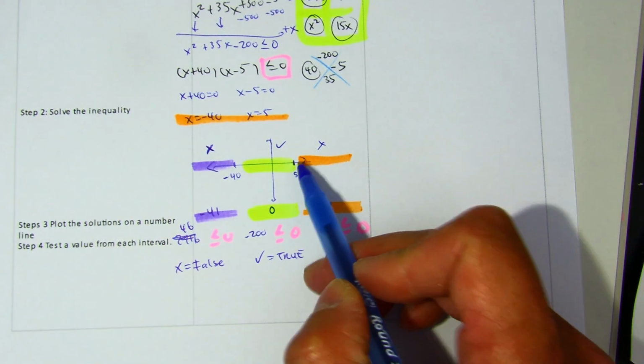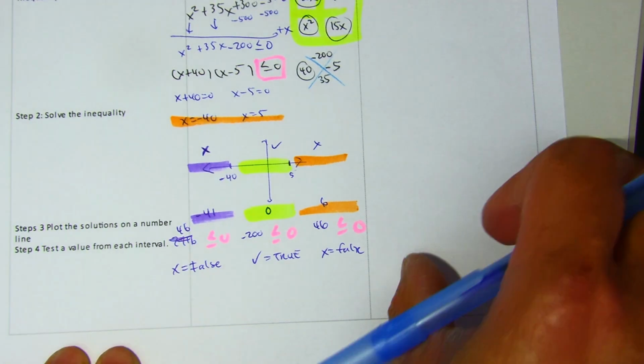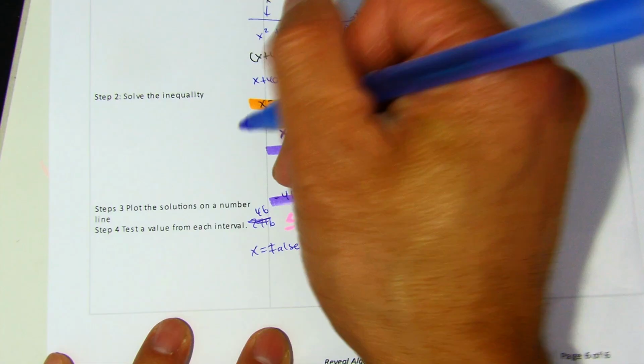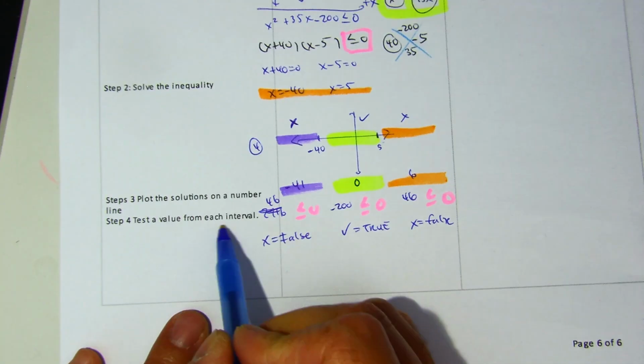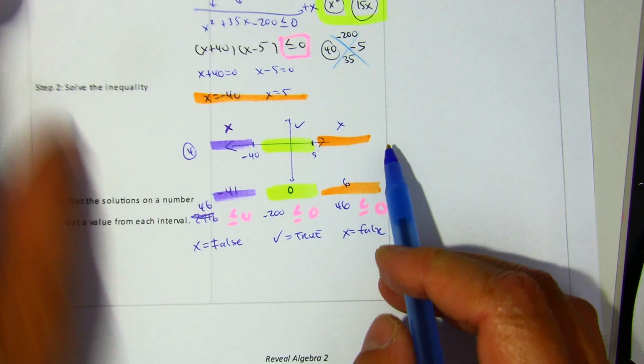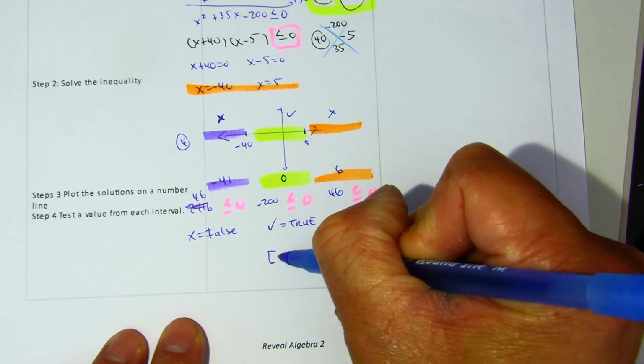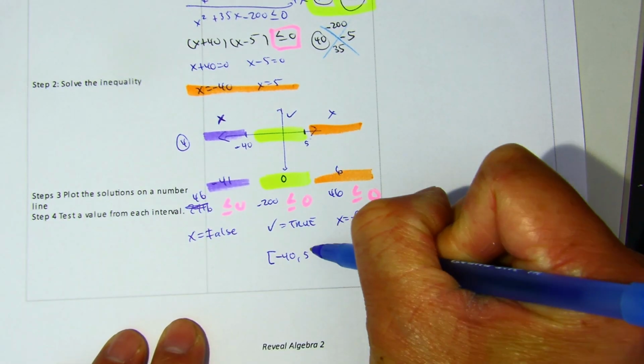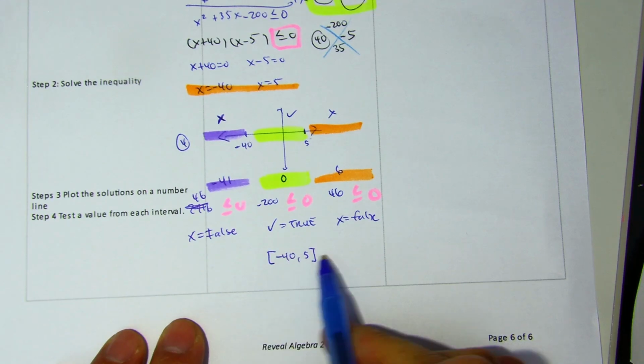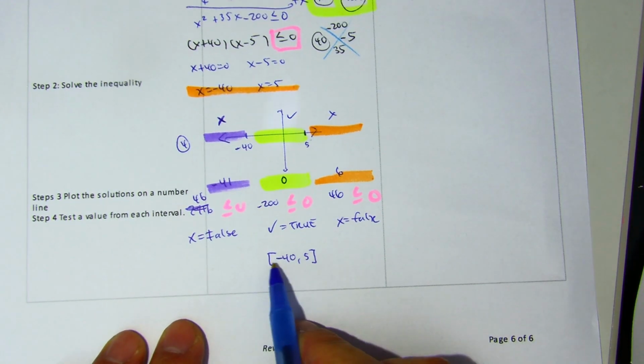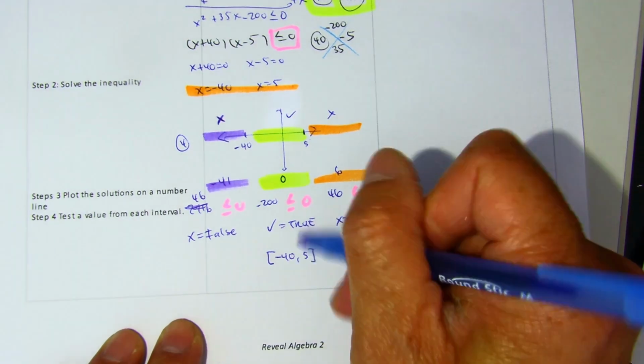But in real life, so we did step number 4 here, we're testing the values, you cannot have negative numbers for a pool. So you'd probably want to do something like 0 to 5.